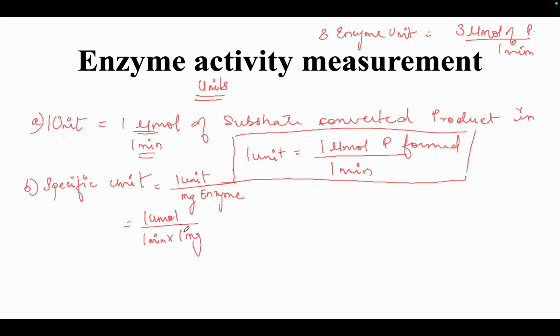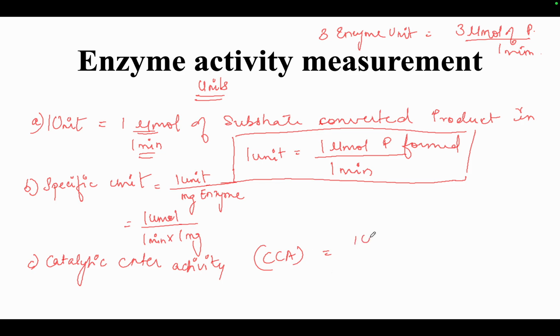So it considers the amount of enzyme present, but sometimes an enzyme can have multiple binding sites, multiple active sites, so we have a different measurement known as catalytic center activity. What this catalytic center activity refers to is that, instead of 1 mg, we have the number of active sites.